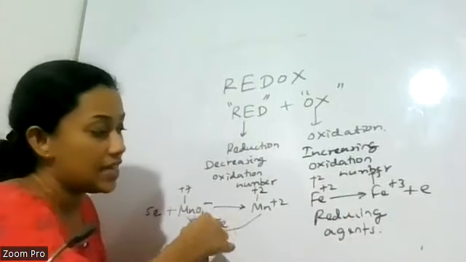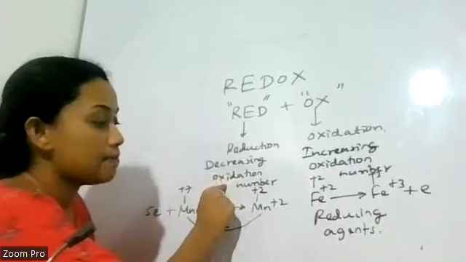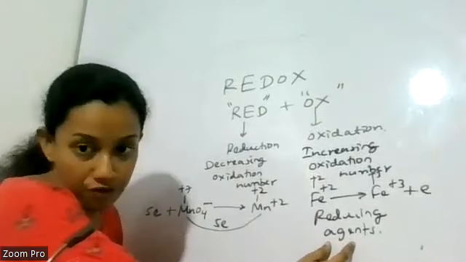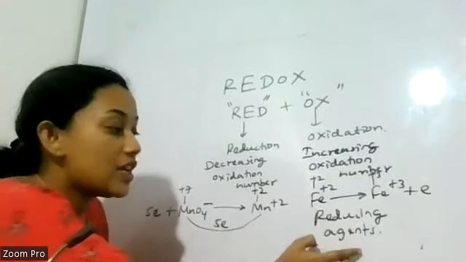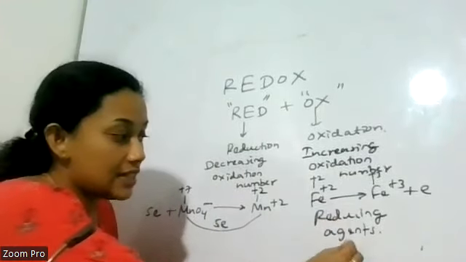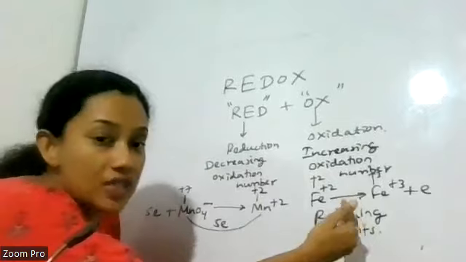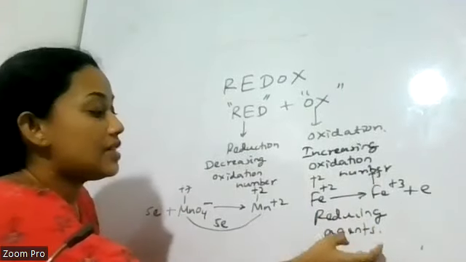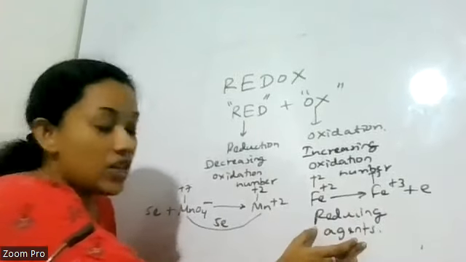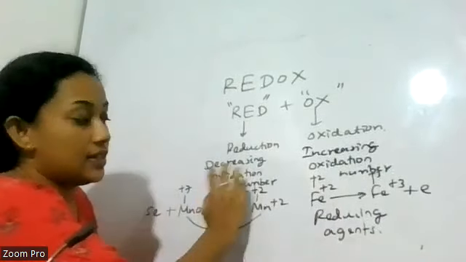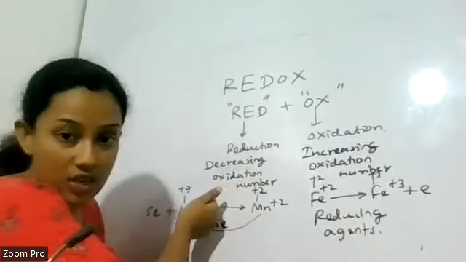Reducing agents reduce others by oxidizing themselves. I think you can understand what I'm saying. Reducing agents are agents which can be oxidized themselves. That means they help to reduce others, and they decrease others' oxidation numbers.